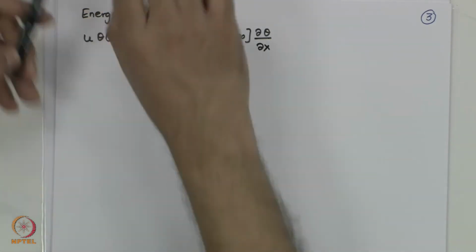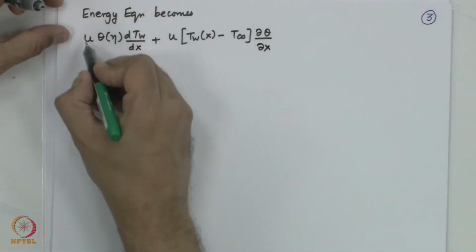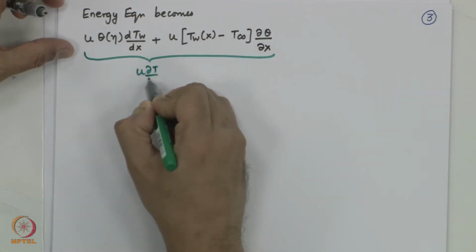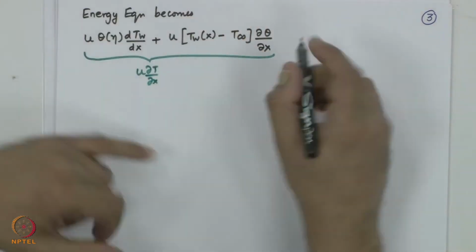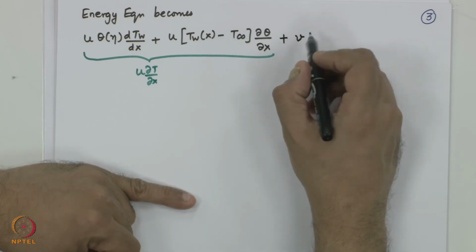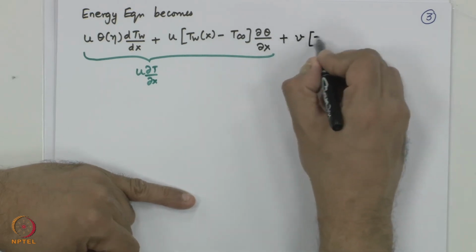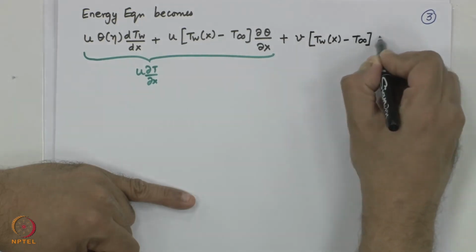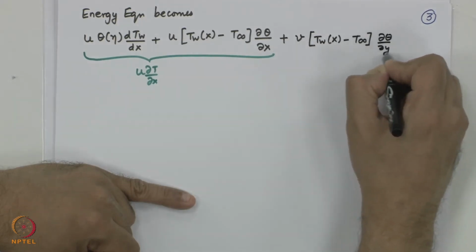This is my first term. This is my u dT/dx. Then the next term is v times dT/dy, that is nothing but v times (Tw(x) minus T infinity) d theta/dy.